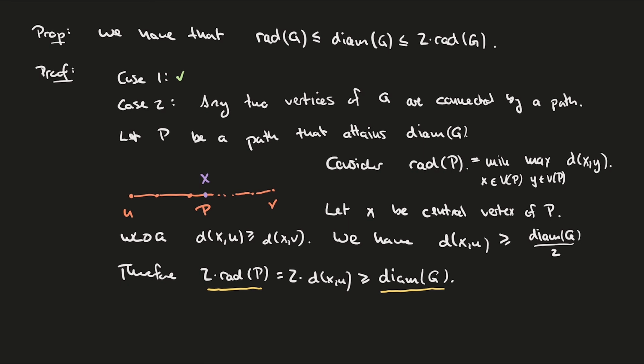So we've shown that 2 times the radius of P is larger or equal than the diameter of G, but in fact what we want to show is that 2 times the radius of G is larger or equal than the diameter of G. It now remains to show that the radius of P is equal to the radius of G.